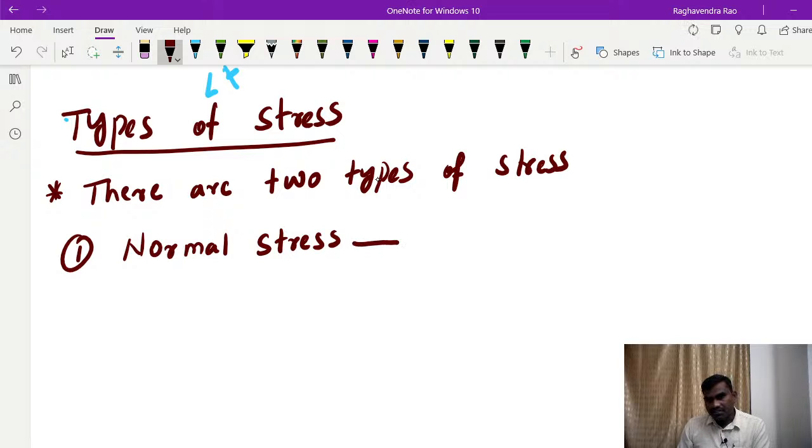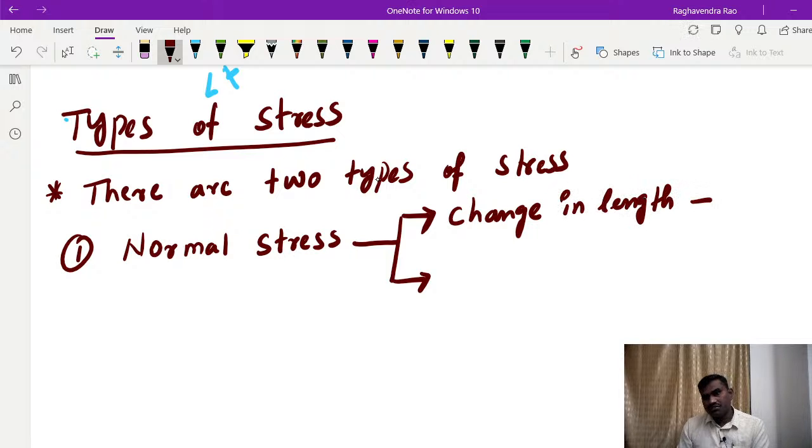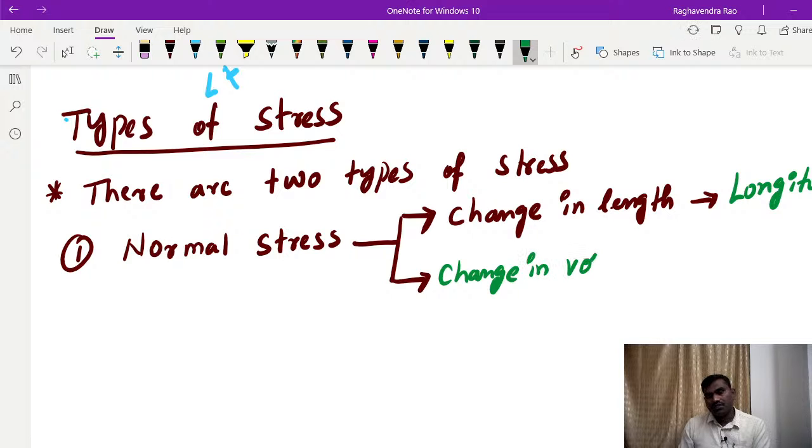This normal stress will cause a change in length of a body. This is called longitudinal stress. Again, this normal stress can cause a change in volume. This is called volume stress or bulk stress.